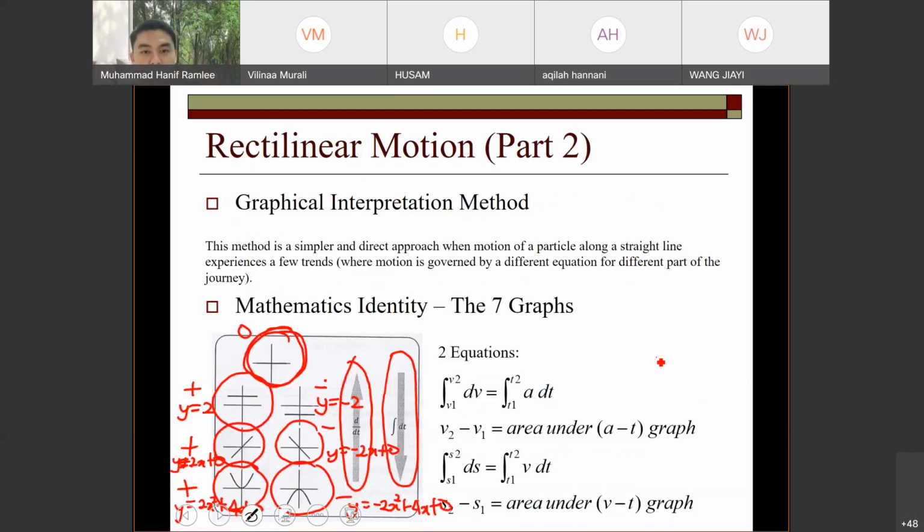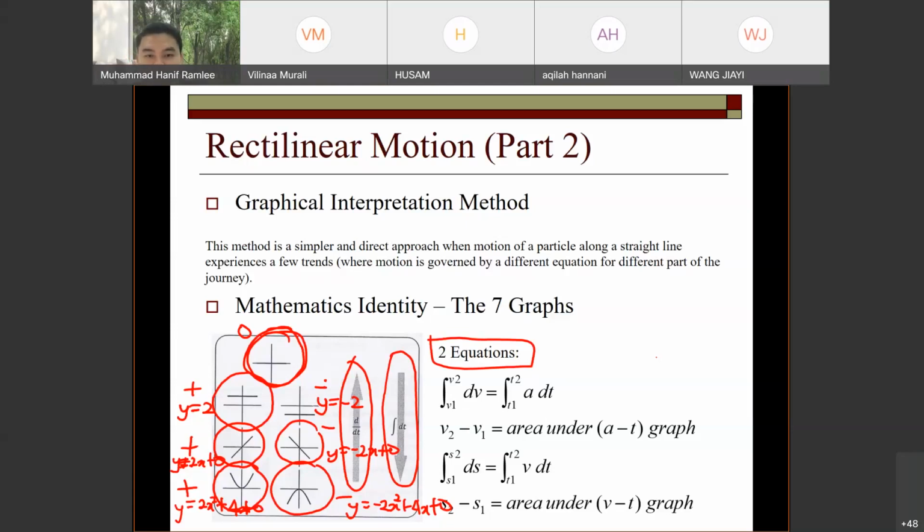If you want to have the area of the graph, this is the formula. These are the two equations that we normally use to calculate the area under the graph to get the value, for example the value of V or displacement.